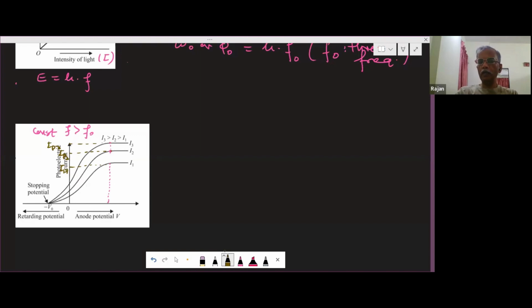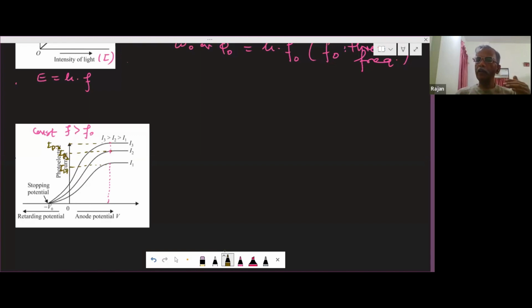Because you have put the negative, so the negative will start repelling them. They started with some kinetic energy, but on the other side you are keeping the anode negative, so that will all the time push them back, because the electron itself is negative. So the velocity is being reduced, right?